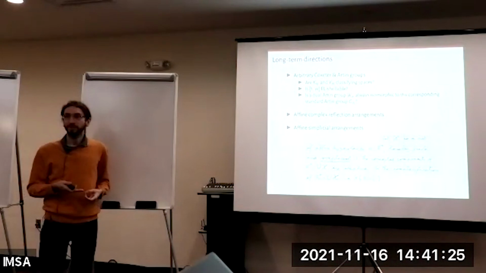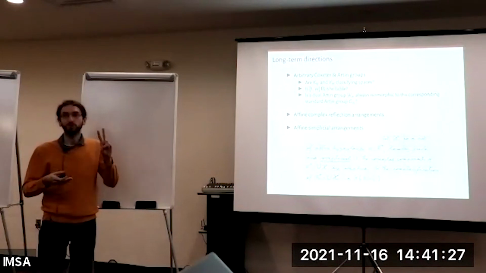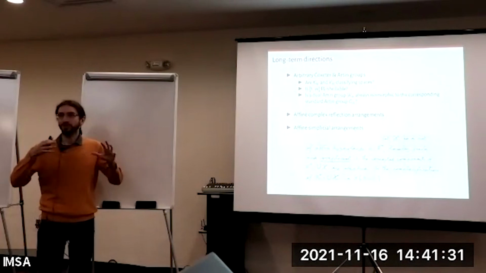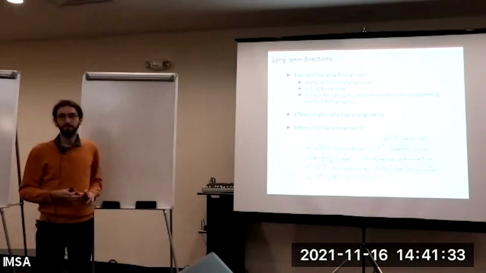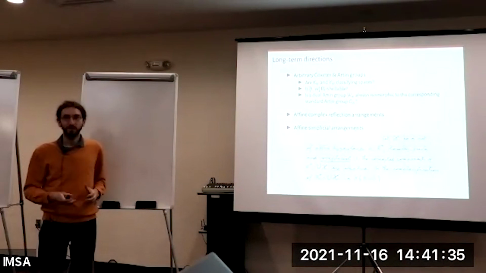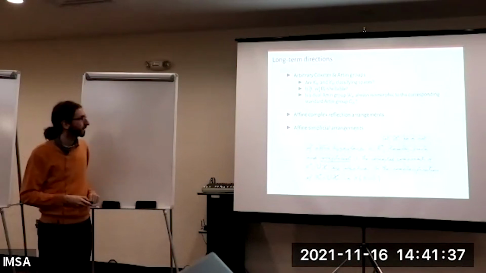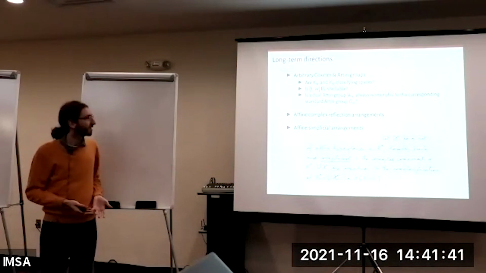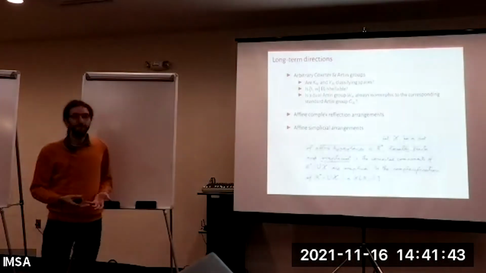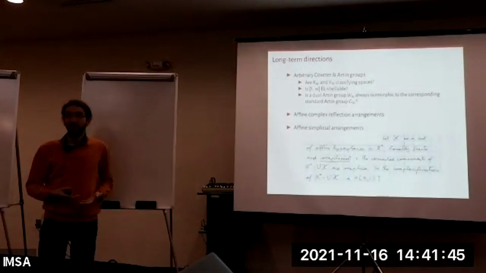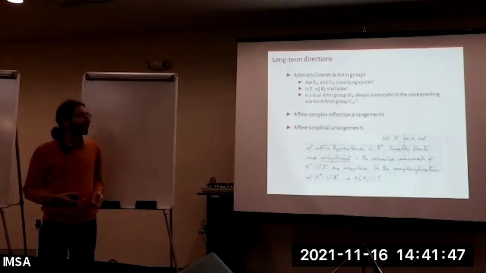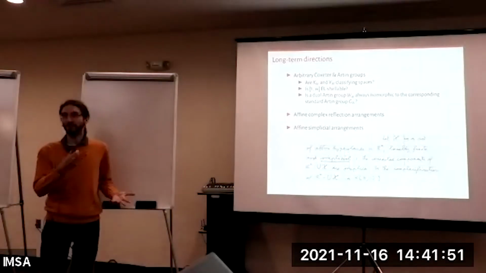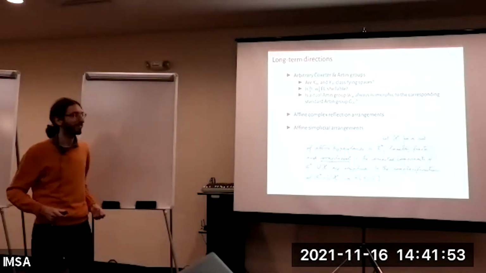Everything except step 2, which was building this dual version of the Salvetti complex. That's done in full generality. But that said, we actually don't know if the other steps are generalizable to other cases. So there is no clear obstruction that makes them inapplicable.